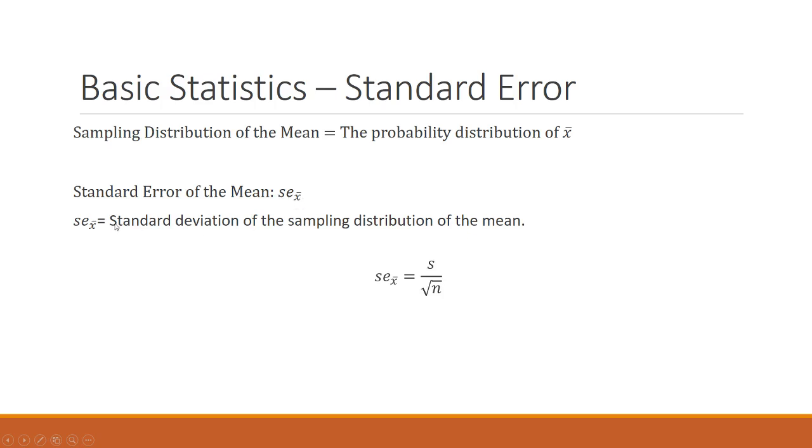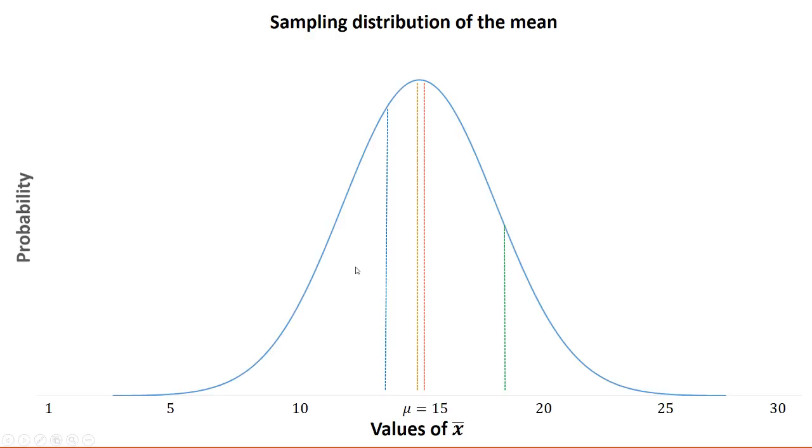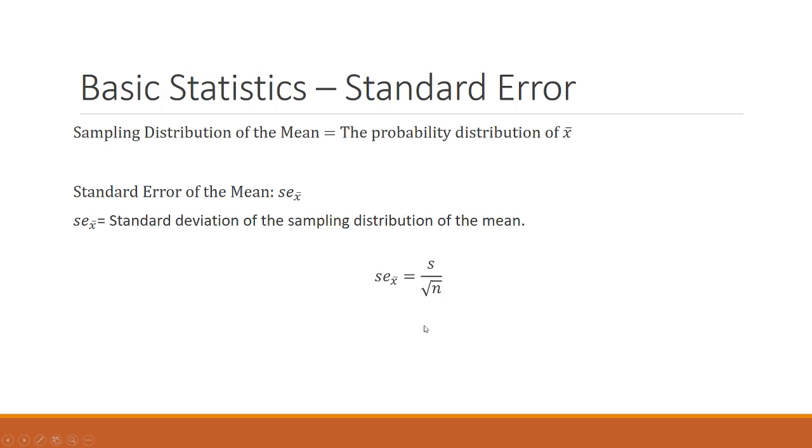This is the standard deviation of the sampling distribution of the mean. You would estimate it by taking the standard deviation of your data and dividing it by the square root of your sample size, square root of n.